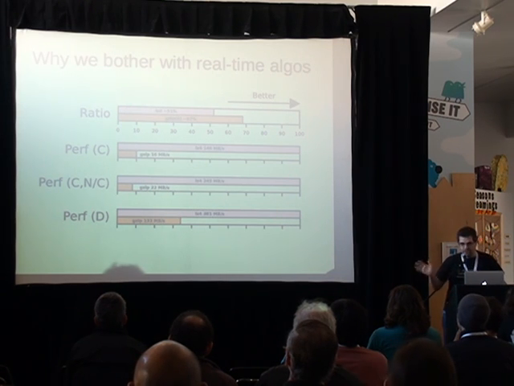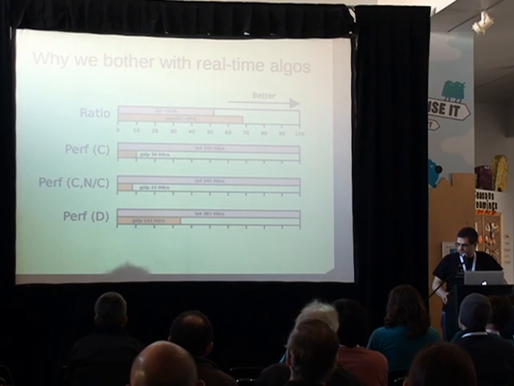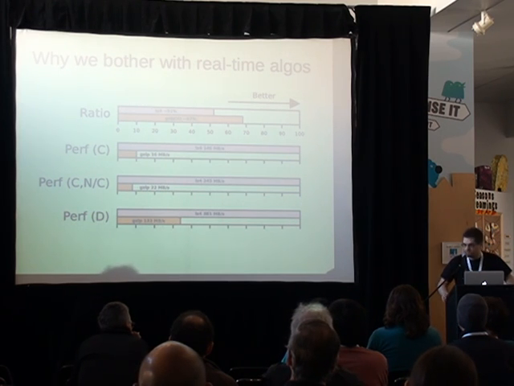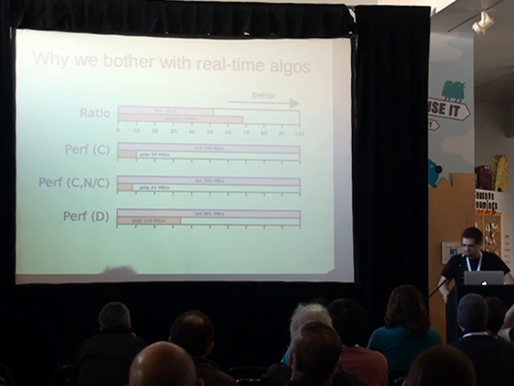So this is pretty much why we bother with real-time stuff. It's not just for crazy things like compressing memory or doing CPU to memory transfers. It's also used for actual data.